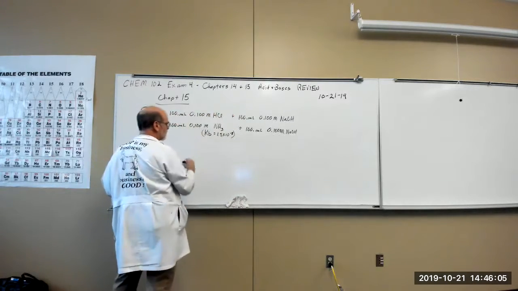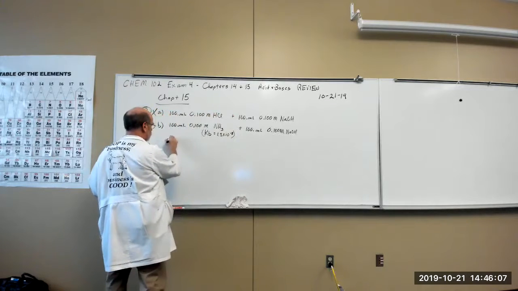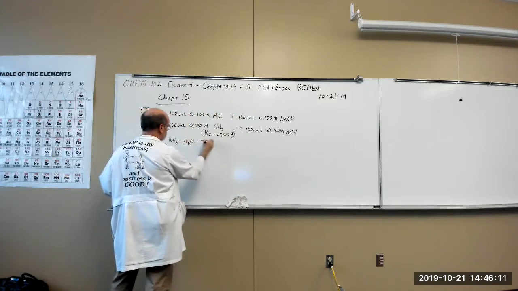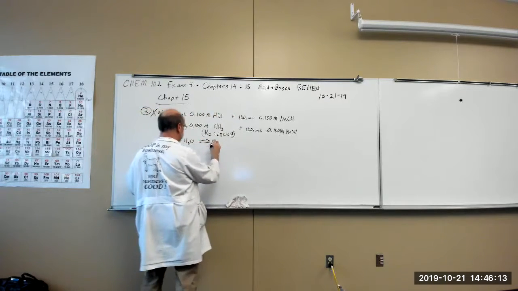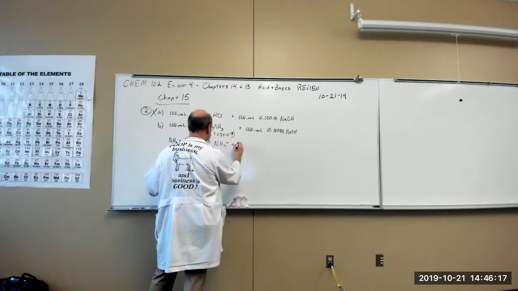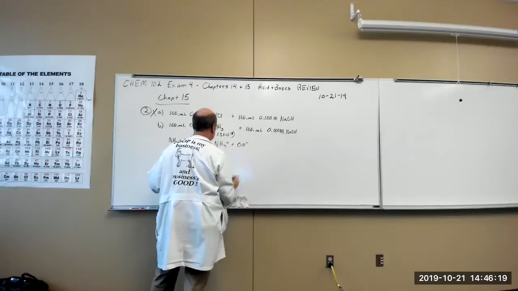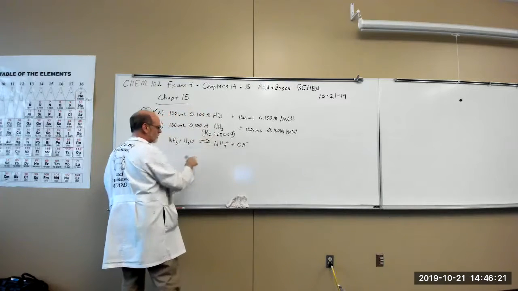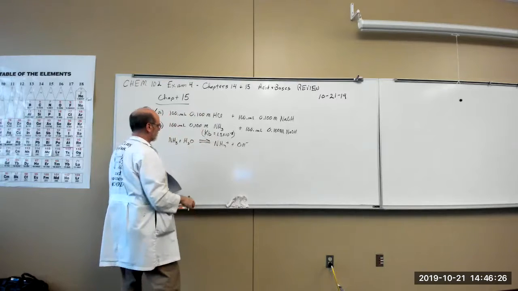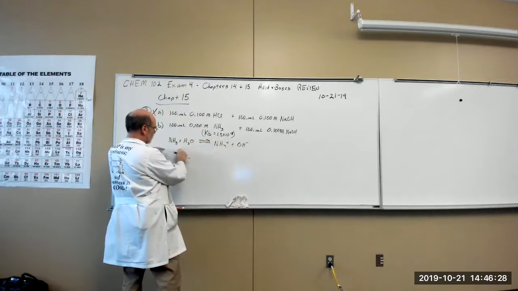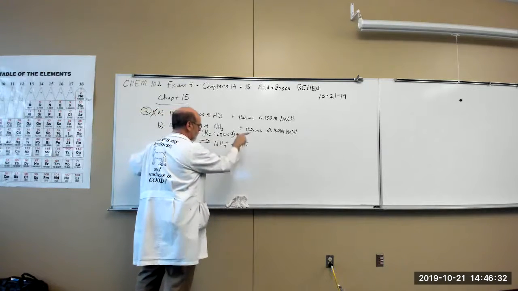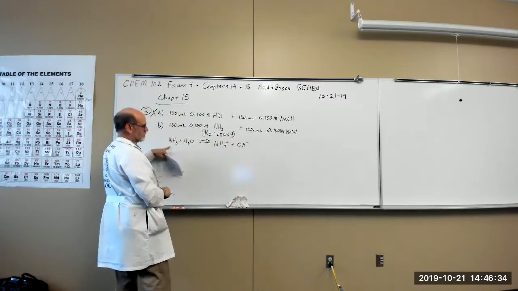So ammonia is a base, right? Because it goes like this. Like that. That's your Kb. Kb is predominantly over here. Right? This is your predominant species. And that one just makes a bunch of hydroxyls.